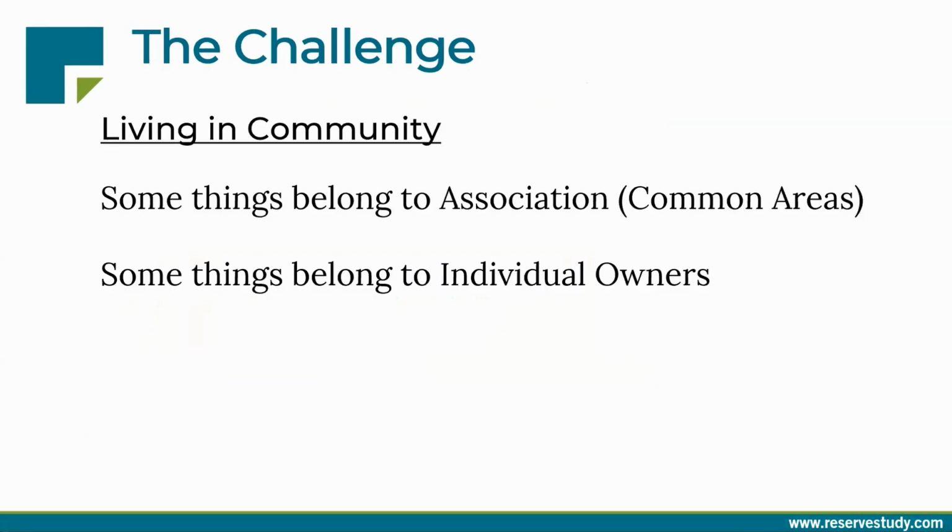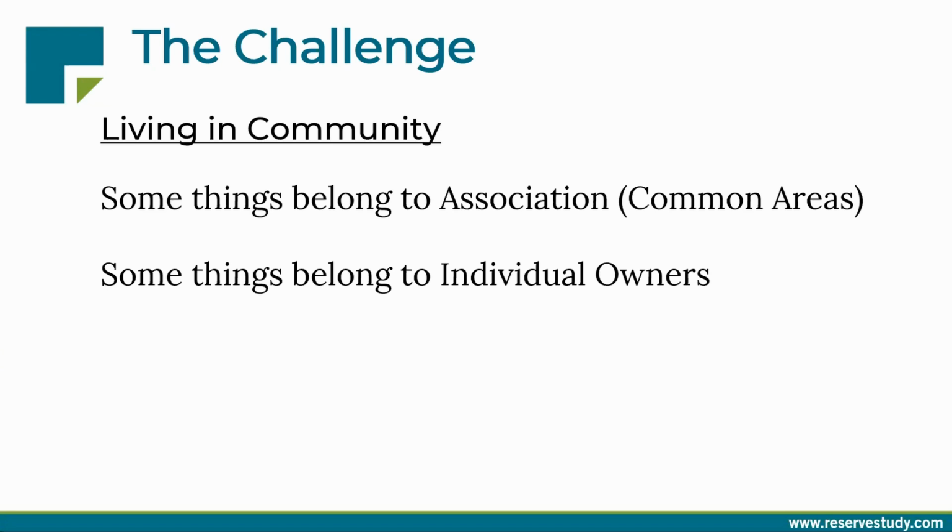And you start with an explanation or a reminder that living in community is a division of two things. Something or someone needs to define what and how it all works. And so there's some things that belong to the association, which is the common areas. Everyone owns that together in aggregate, and the board controls the maintenance and repairs and replacements of those things.